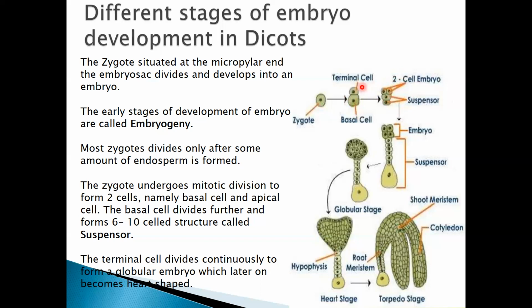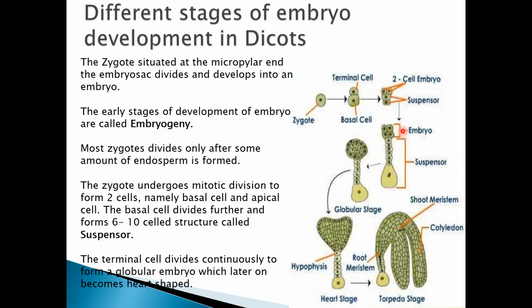When the basal cell and the terminal cell undergo cell division, the basal cell will divide into a 6 to 10 cell structure, whereas the terminal cell will divide into a two-cell embryo. Later what happens? The terminal cell will form into embryo, first four cells, then a globular structure, one round structure. And this 6 to 10 cell structure is nothing but called the suspensor.